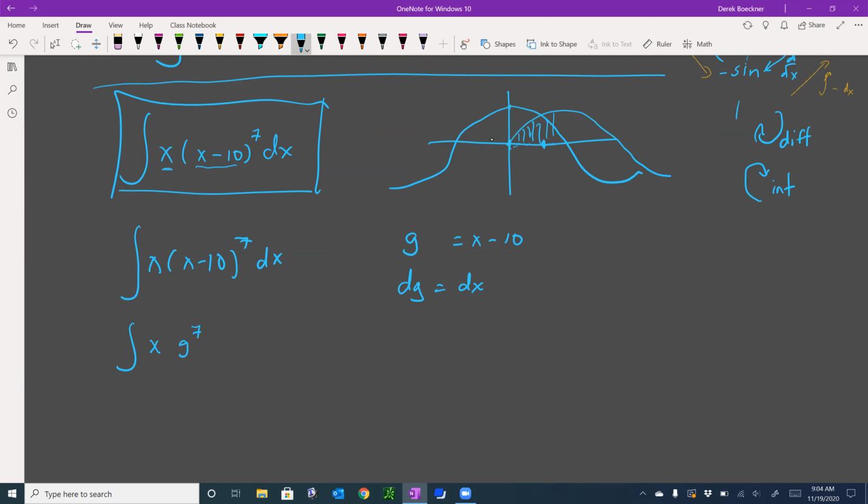I've got g to the 7th and I've got dg. What do I do with this x? Well, this expression tells me that x is equal to g plus 10. Good with that? So I'm going to replace x with g plus 10 in here.